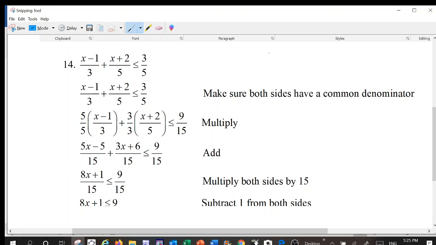By 1, right? So for example, we have 3 and 5, those are the denominators. So how do we get rid of both? Well, in order to get rid of both, we have to multiply by a number that is divisible by both 3 and 5.